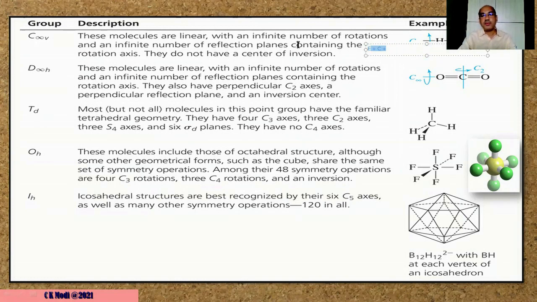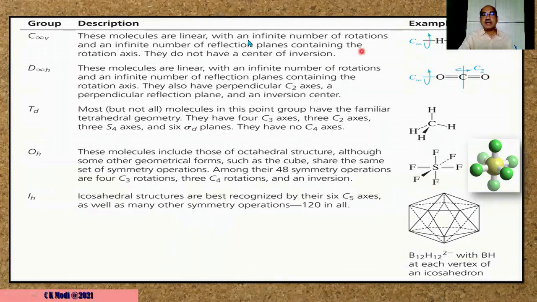It is very difficult for me to write this sentence. So which symmetry elements are present here? Identity E is present, plus C infinite is present, which is on the x-axis, and an infinite number of sigma V planes are also present.